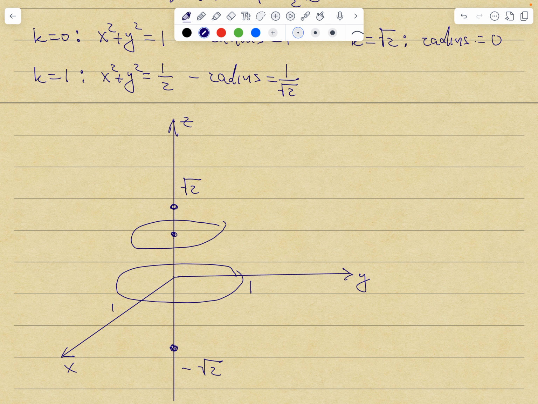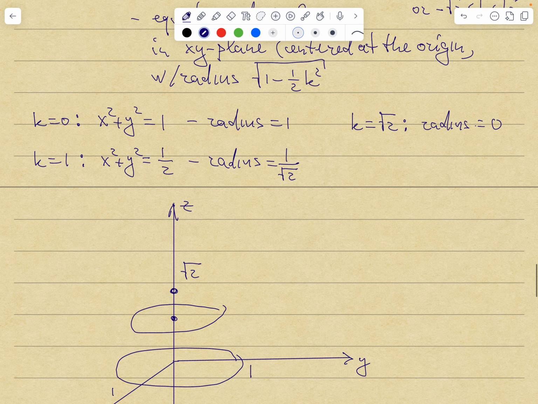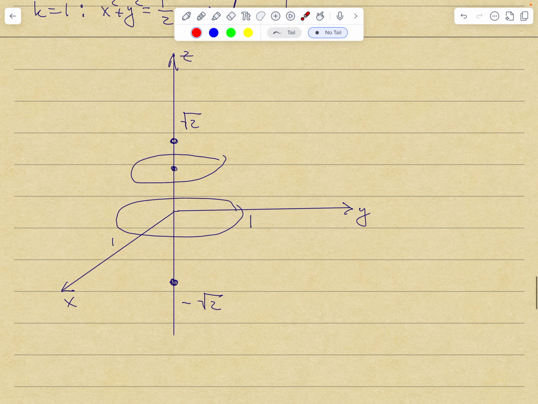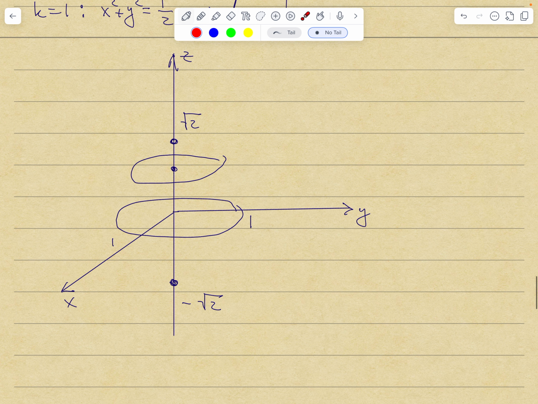And in fact, as I keep increasing k, then the radius is going down, right? And it becomes 0 when k is equal to square root of 2. So even smaller radius here, and then eventually it is 0. So if I connect all of these circles, I'll get something like this, and then something like that.